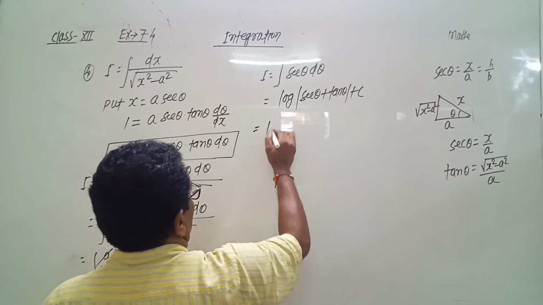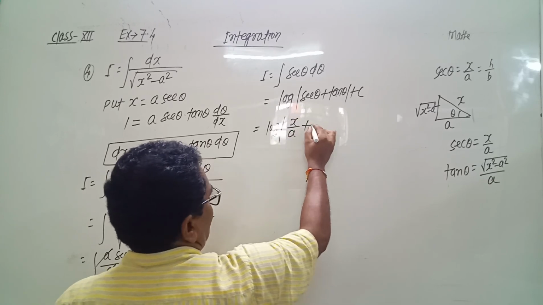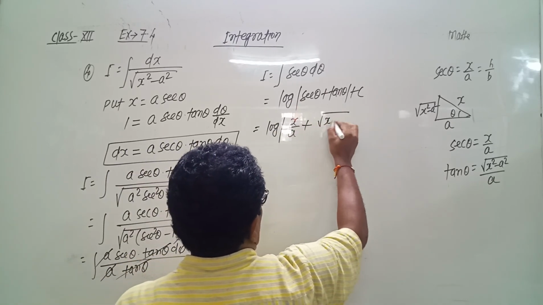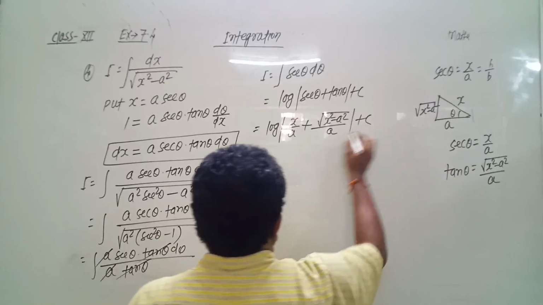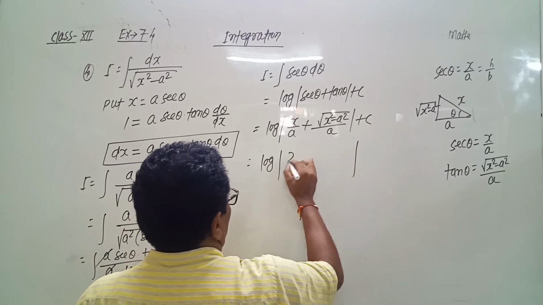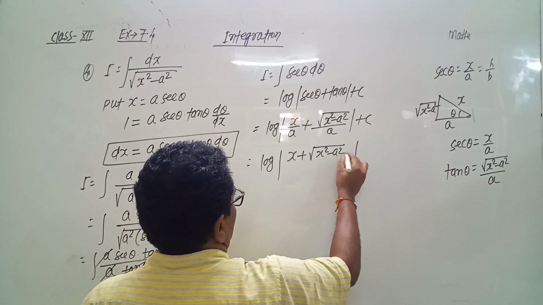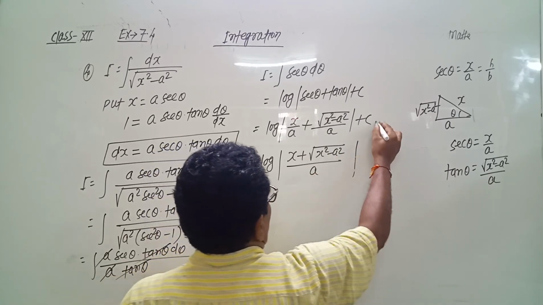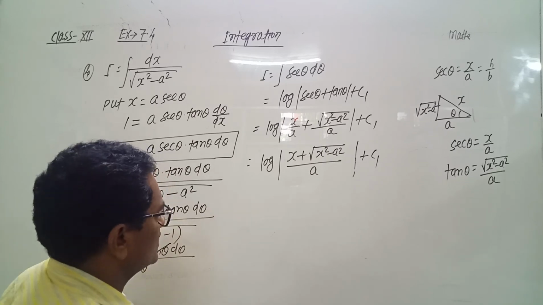So log of x by a plus root of x square minus a square upon a, plus c. Taking LCM, we get log of x plus root x square minus a square upon a, plus c1. But c1 is the integration constant.